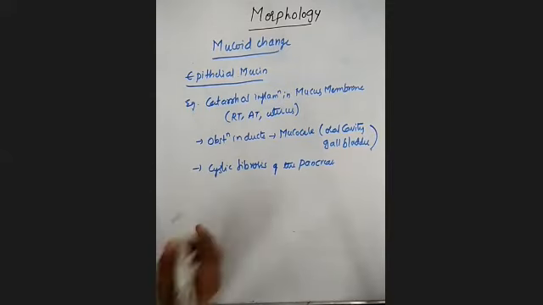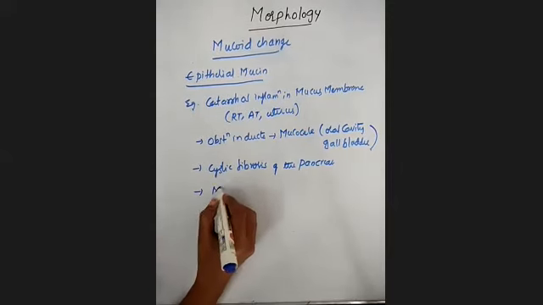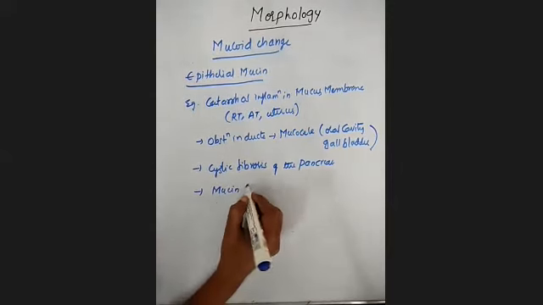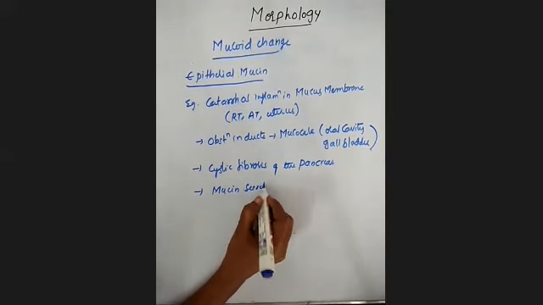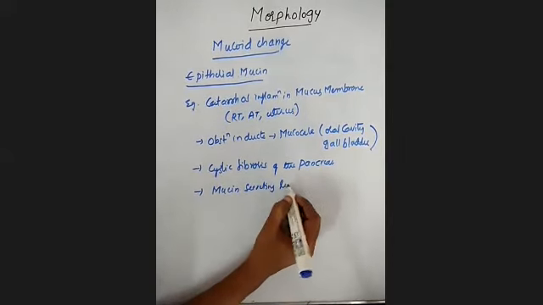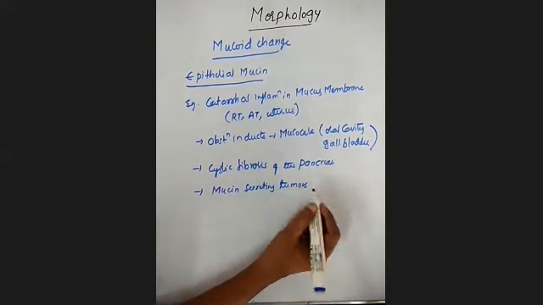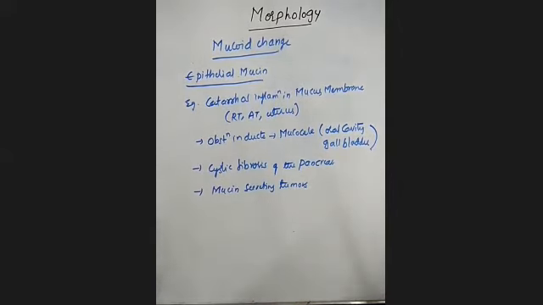And next one is mucin secreting tumors. How do you know that this is a mucin secreting tumor? Suppose you take some cells from that tumor and stain them with particular dyes, then you can understand that this tumor is produced from that kind of mucin.